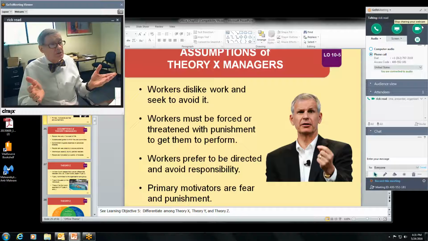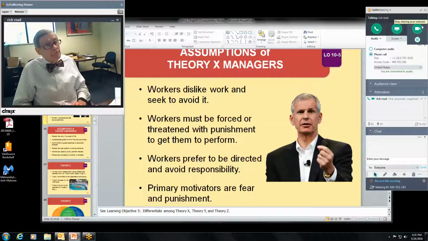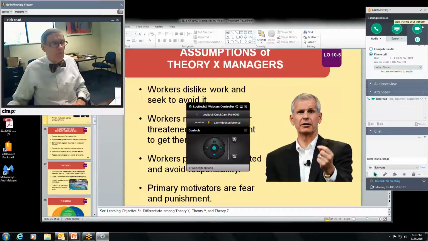Theory X, which says people don't like to work. They have to be coerced to work. The only reason they're going to work is because they're paid. They don't like responsibility. They try to walk away from it. And they have to be punished. Otherwise, threat of punishment, that's the only way you're going to get them to perform. Of course, pay has something to do with that as well.